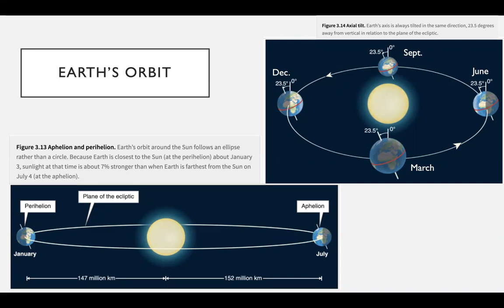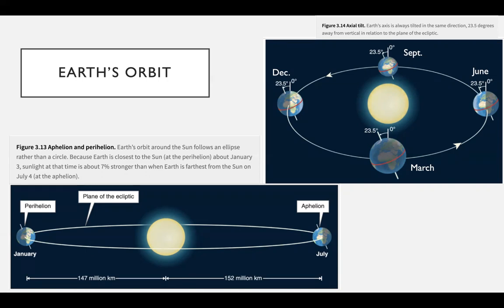And then we also have a factor with the axial tilt of the Earth. The Earth is always tilted about 23.5 degrees from the vertical line of the Earth. So true north and south is 23.5 degrees different than the magnetic poles.